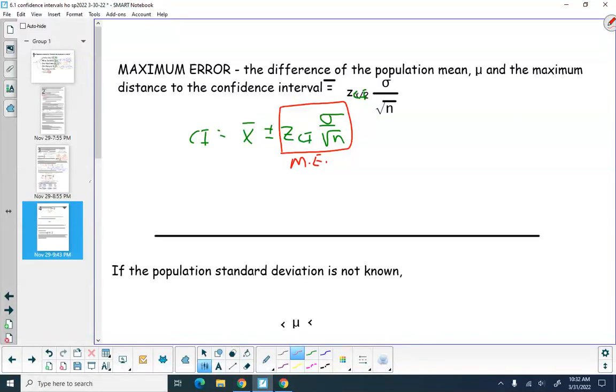Here's your sample mean. I'm adding and subtracting a value. That value is the error that we have. It's the value that's being added or subtracted to your sample mean.